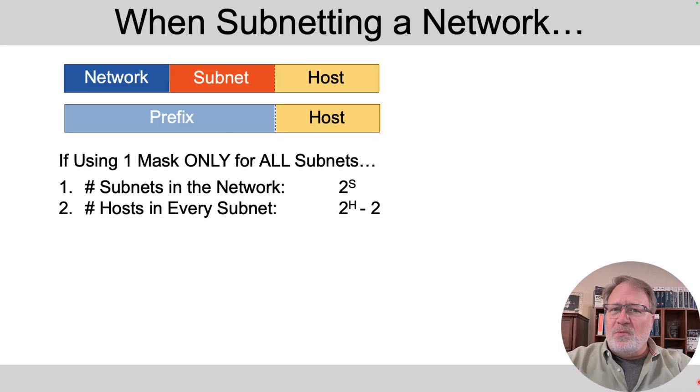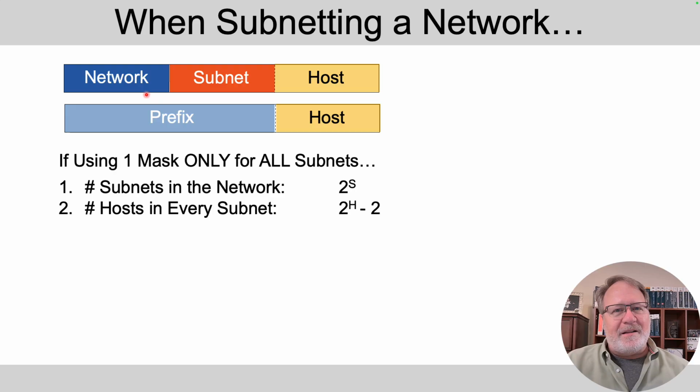So let's talk some more about some big ideas and some related math. You're starting with a class A, B, or C network right now, okay? So you can think of that as a 3-part address structure or a 2-part, and it's useful to think both ways. And we just talked about it, but let's talk about it some more now. There's a network part based on the class, 8, 16, or 24 bits long, and then you'll have a mask.